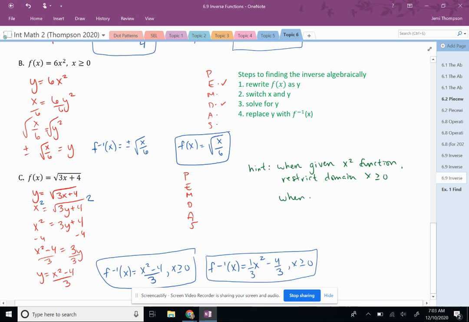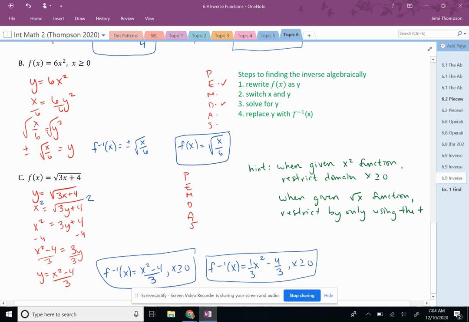And then when given a square root of x function, restrict by only using the positive, and not the negative.